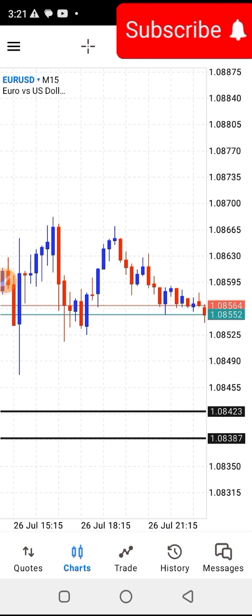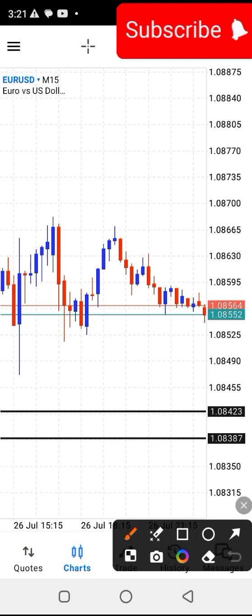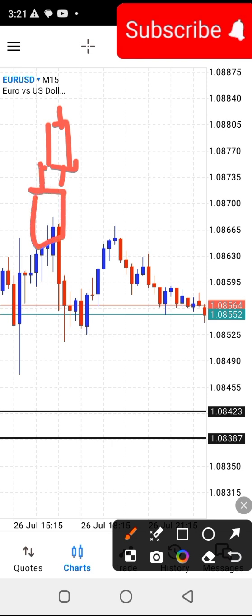I will give you a scenario that will help open your eyes to what I'm trying to say. You have probably noticed a situation whereby you have a fair value gap formed to your left like this, a bearish fair value gap. Let me start with that. So you have a bearish fair value gap to your left, something of this nature. I'm trying to be quick.